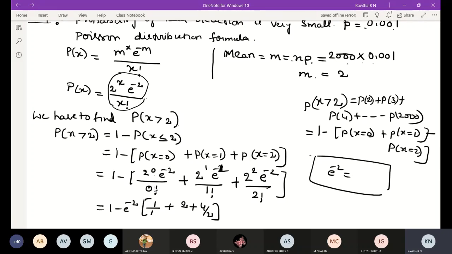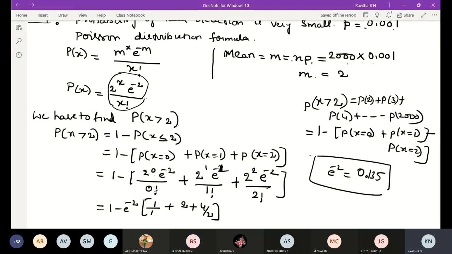E to the power of minus 2. E to the power of minus 2 is 0.135, ma'am. Okay, then simplify.